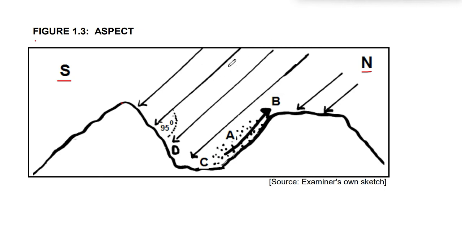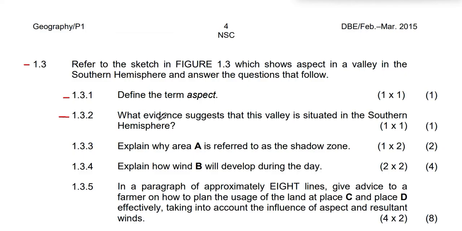In this scenario, they said this is the southern hemisphere, and indeed it is, because you can see that this is the north facing slope, facing northwards, receiving the sun's rays. I hope you get it. So that's the reason, that's the evidence.